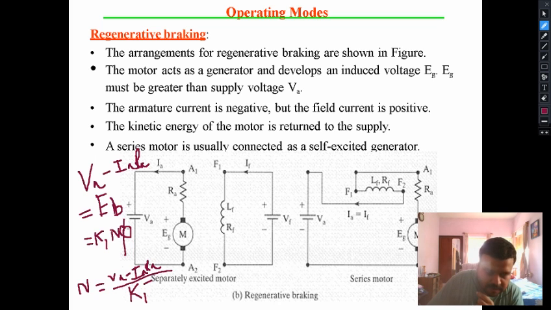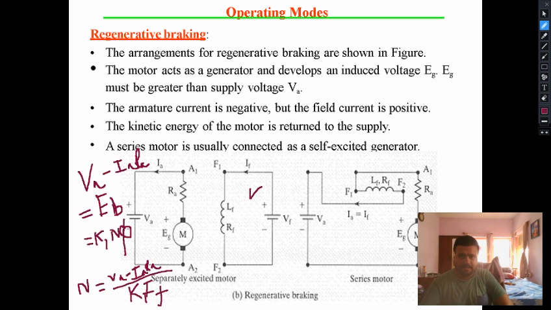So again, in case of phi, we can replace this as K1 into IF. So this is the basic motoring equation of a separately excited DC motor, where the field circuit is separate and the armature circuit is also separate. So they are separate from each other.